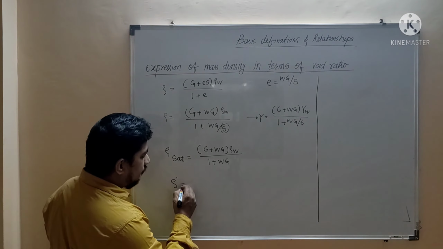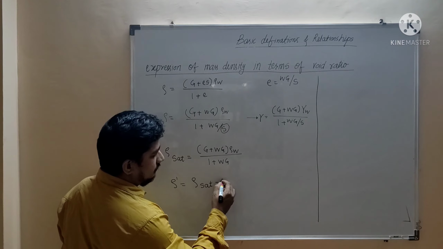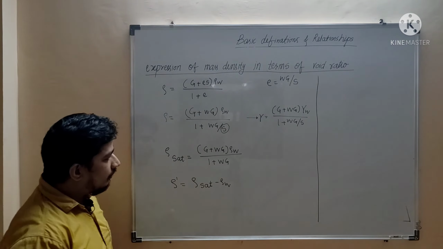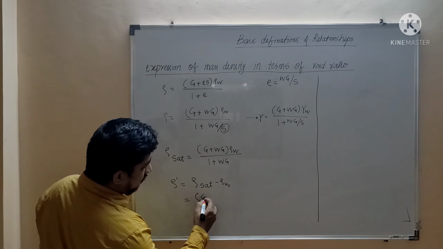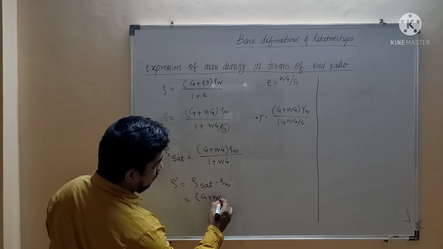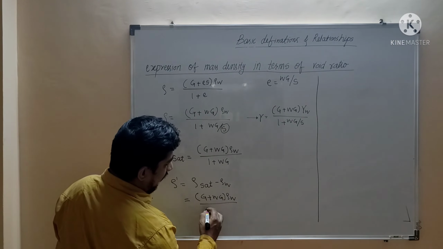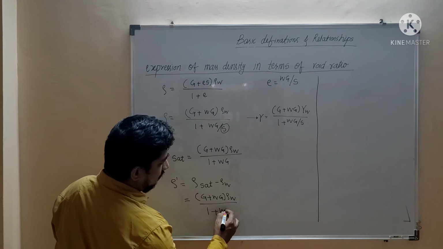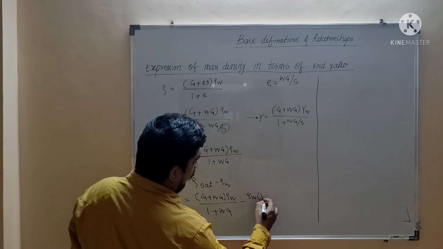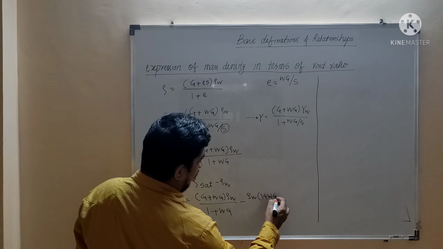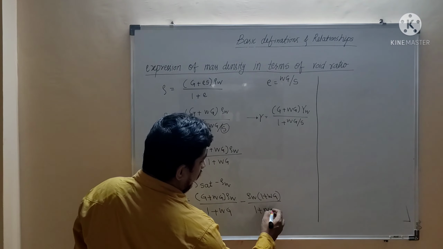For that what we will do is rho sat minus rho W. So after simplifying this, G plus Wg multiplied by rho W divided by 1 plus Wg minus rho W into 1 plus Wg divided by 1 plus Wg.